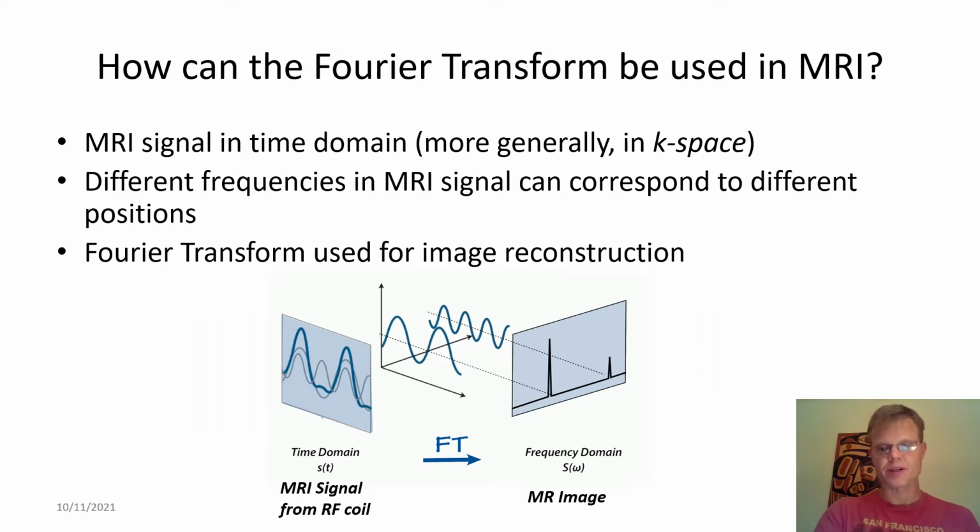So in this picture, if we take our MRI signal coming in time, and our so-called frequency domain here would actually be our dimension in space. So here we might have two different positions that have different resonance frequencies that would show up in the Fourier transform.